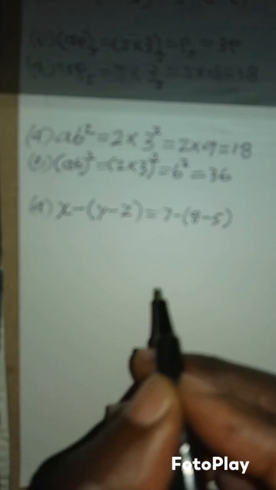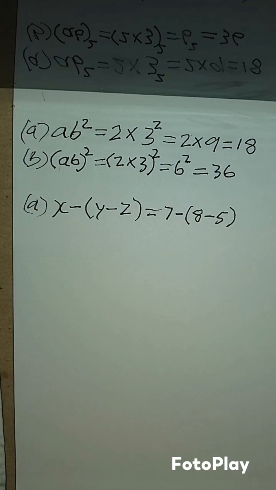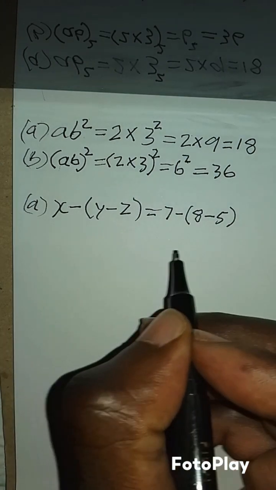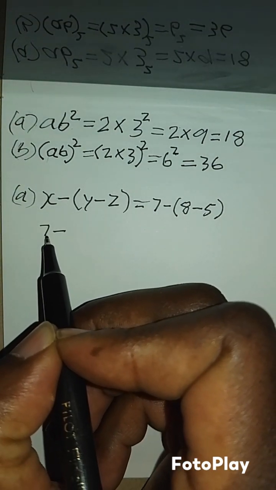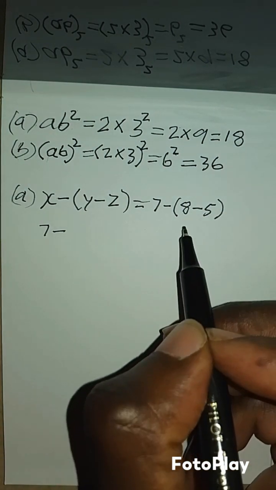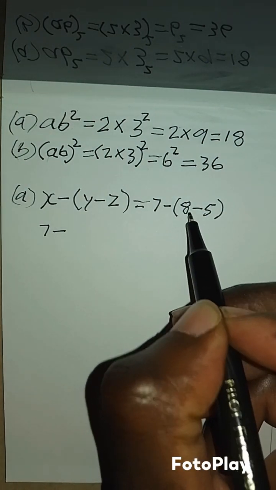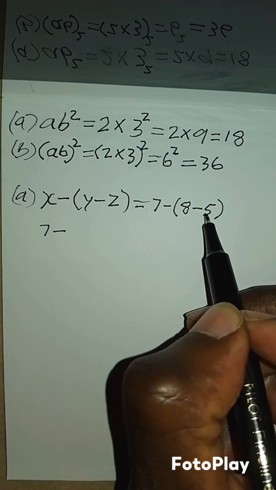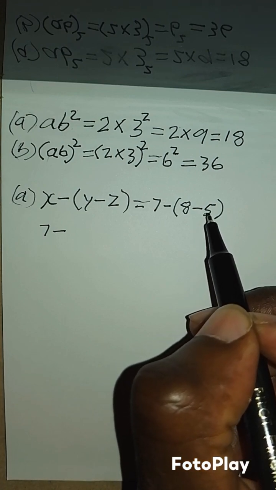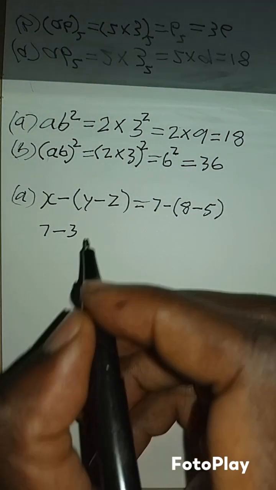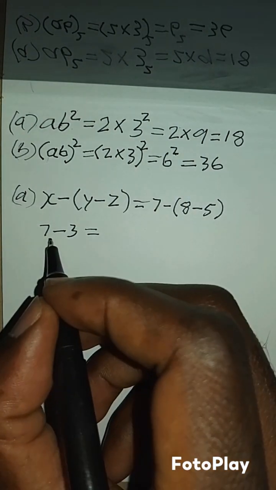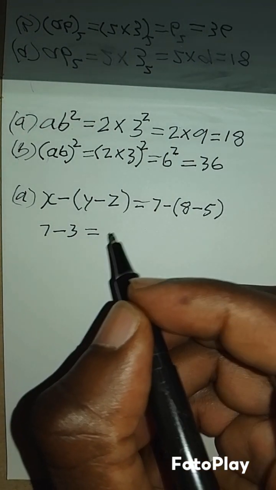So let's proceed. First and foremost, again, we must think about BODMAS, which is bracket. Let's bring 7 down here. 8 minus 5 is equal to 3. Bring 3 down here. Then 7 minus 3 is equal to 4.